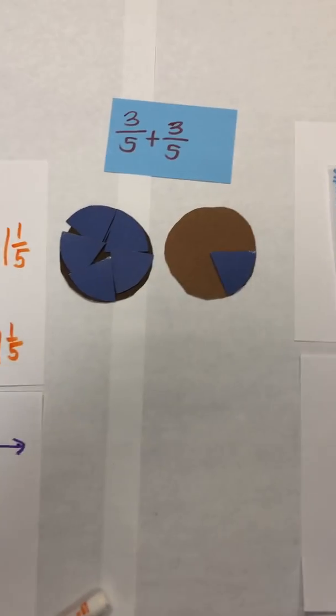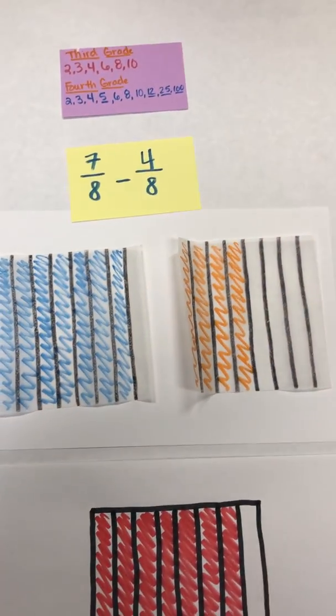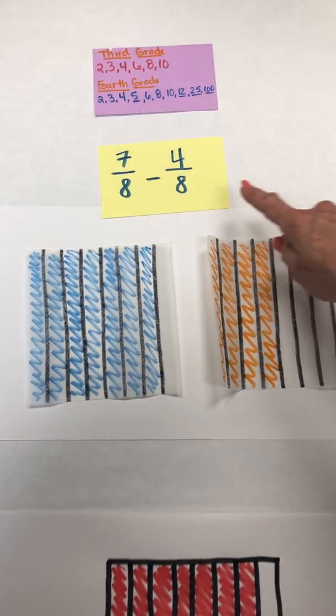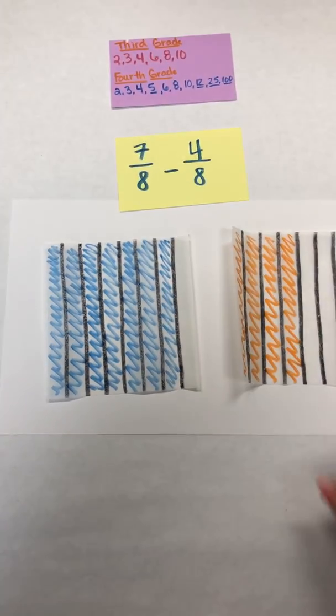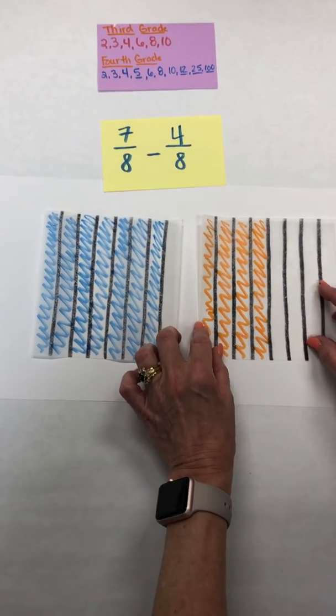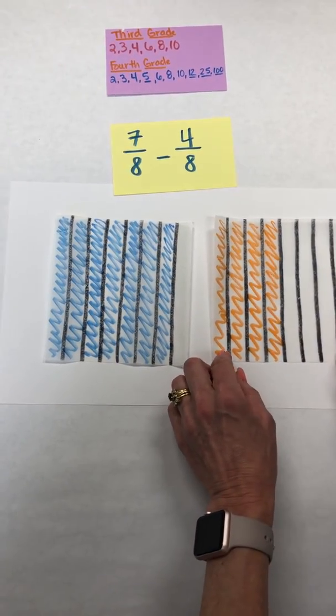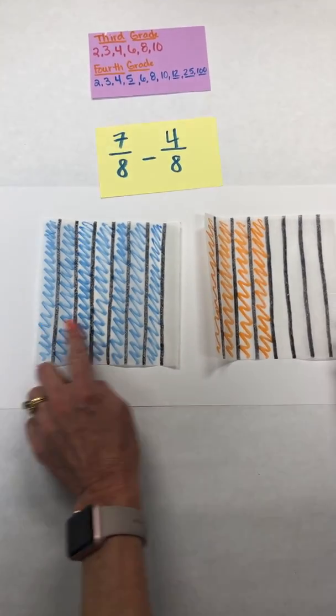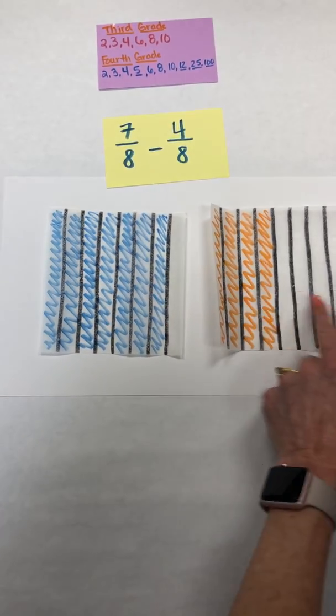Okay, so now we're going to transition to drawings using our area model. Our problem is 7/8 minus 4/8. So I've taken some patty paper or paper that we can see through, and I've drawn my model of my 7/8 and my 4/8.